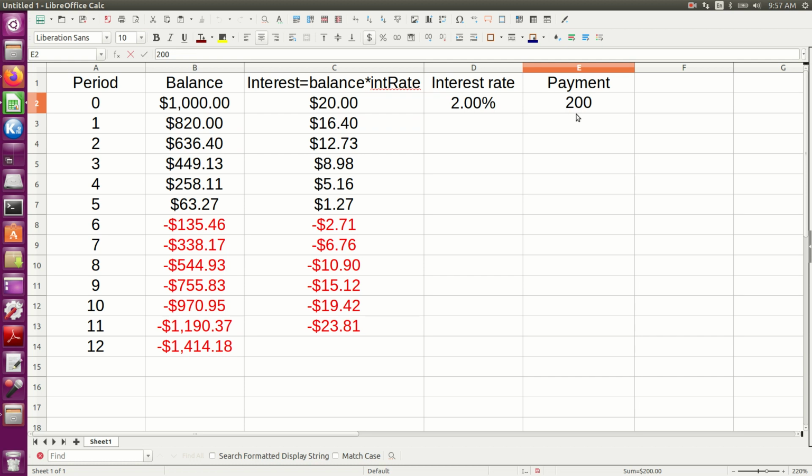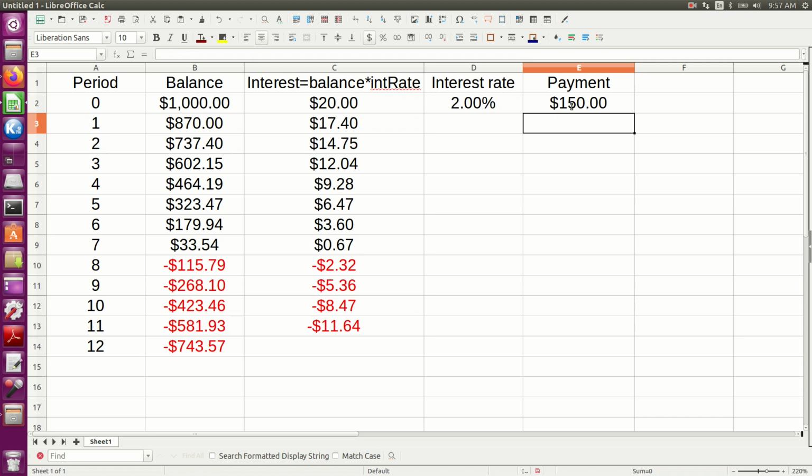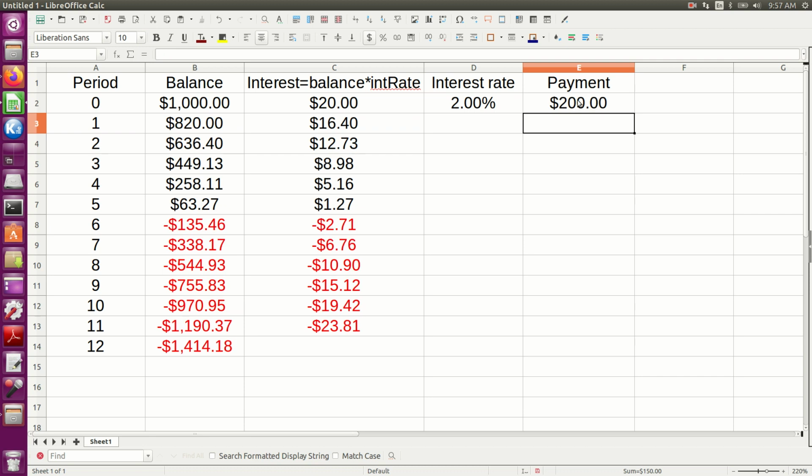So here, instead of 200, I'm going to just try like 150. And now with 150, it actually dropped down. Let's go back to 200 so we can see what I was working with. I'll just type in a 200. That was 5 periods.